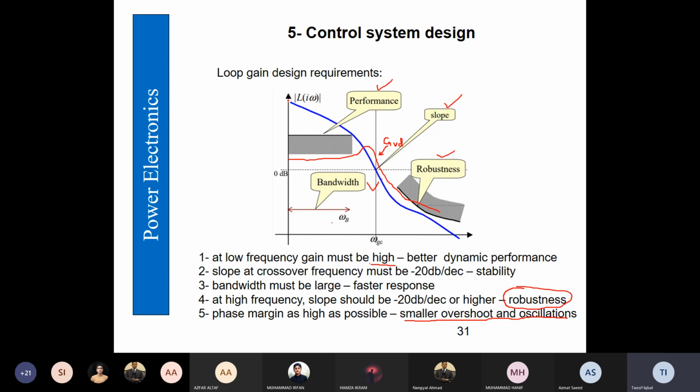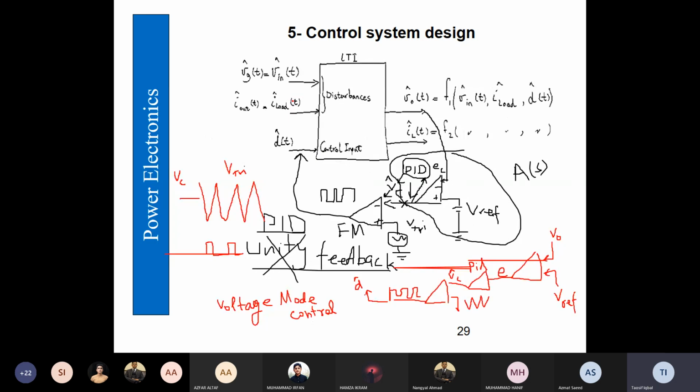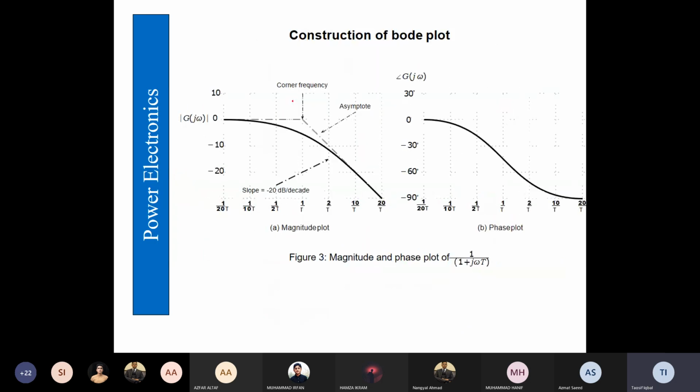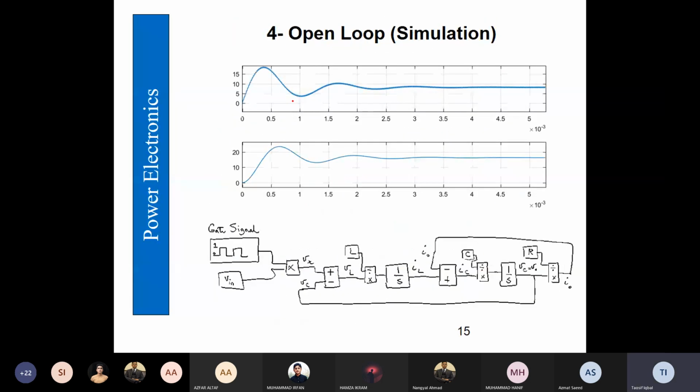A pole at the origin is called an integrator. What the integrator does is give a high gain to the magnitude plot, but it gives a 90-degree reduction in the phase plot.